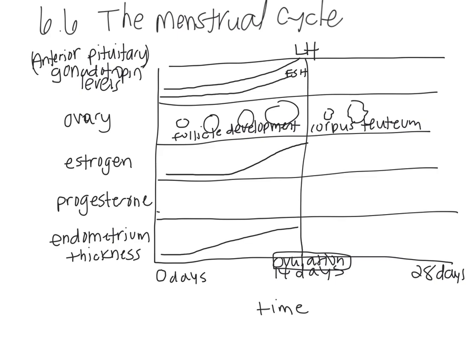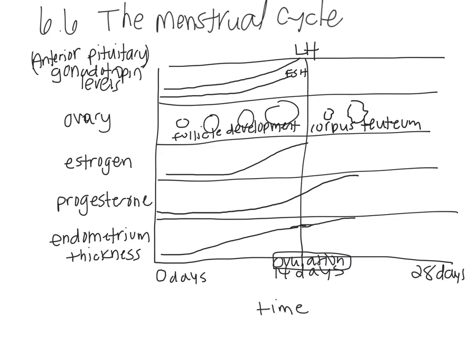So progesterone is going to peak when this corpus luteum is peaking in its development, because the progesterone is actually secreted by this corpus luteum. And this progesterone also stimulates a thickening of the endometrium. So both the estrogen and the progesterone cause the endometrium to develop.